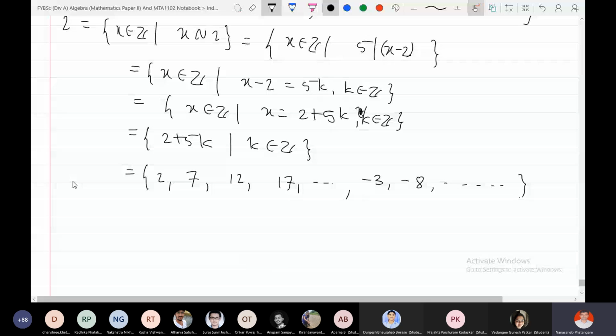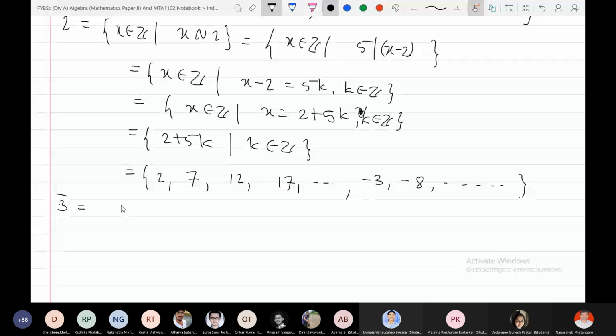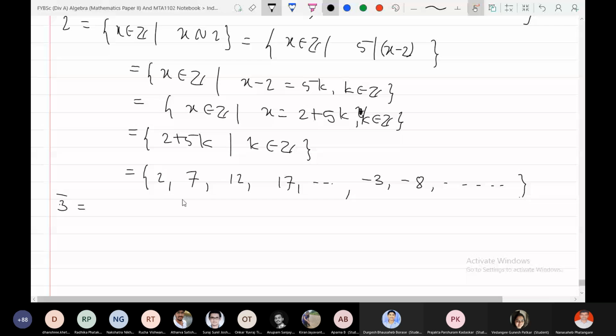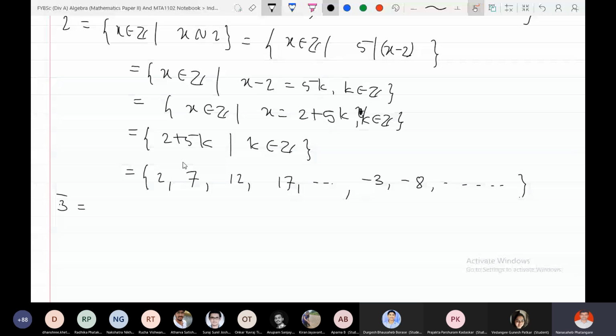Next, I will choose a simple one so that it will be easy. 3 is not covered in these 3 classes: 0 bar, 1 bar, and 2 bar. So 3 does not occur in any one of these 3 classes. I can choose 3 as a representative. Then what is the class of 3?